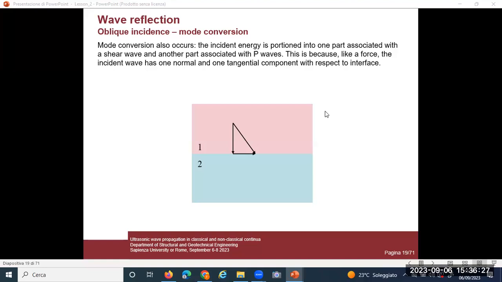So oblique mode conversion happens together with refraction. So if you've got a continuum, you will see both refraction and mode conversion.